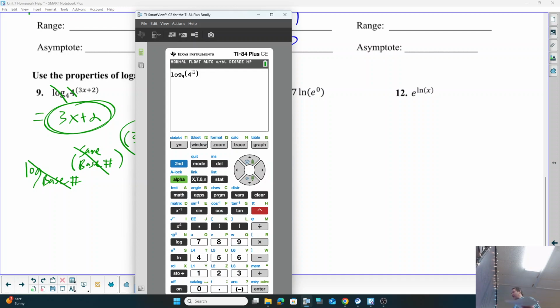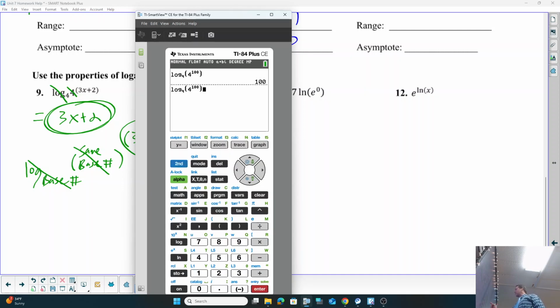It doesn't matter what the exponent is, it could be 100. So log base 4 basically undoes base 4, and all you're left with is 100. Or in our example for number 9, all that's left is 3x plus 2. Way-o, 3x plus 2. Cool.